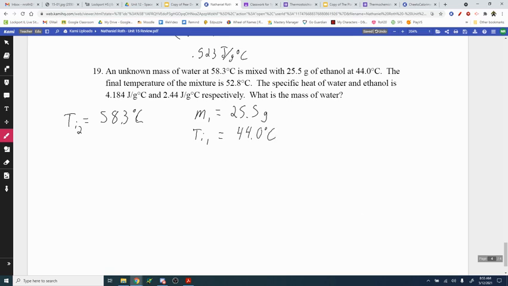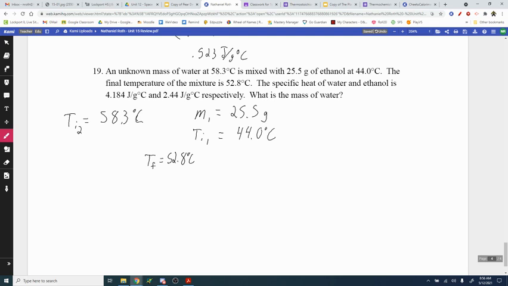That's 44.0 degrees Celsius. The final temperature of the mixture is 52.8. So that is our final temperature of both, 52.8 degrees Celsius. Now to get the delta T, or change in temperature for each, you take 52.8 minus their initial temperatures.